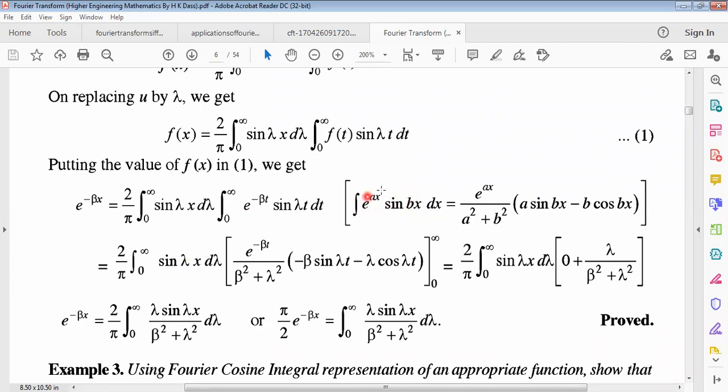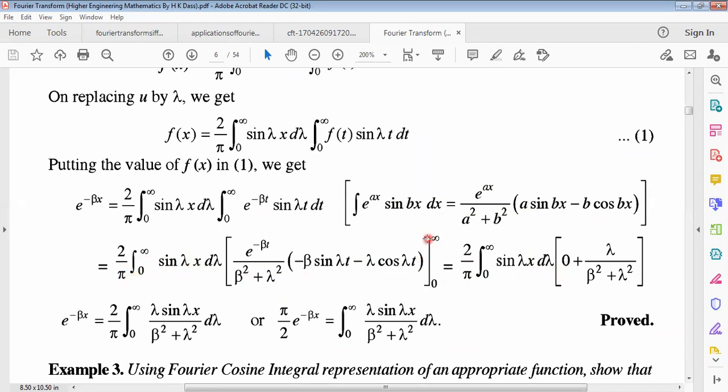Using this e to the power ax sine bx formula, we get e to the power minus beta t divided by beta square plus lambda square, where a is minus beta and b is lambda. So the bracket is minus beta sine lambda t minus lambda cos lambda t. Just using this integration, this equals 2 by pi, integral from 0 to infinity of sine lambda x d lambda.